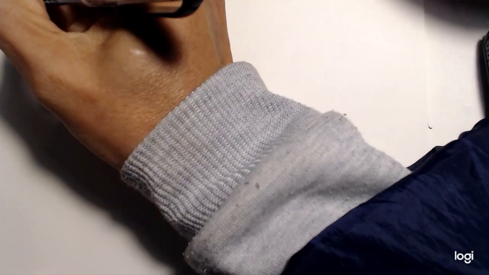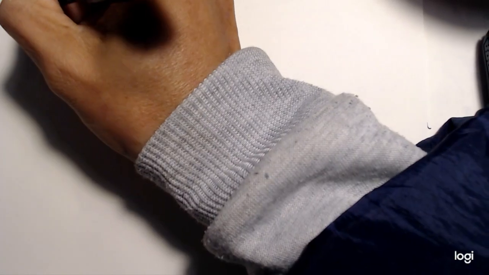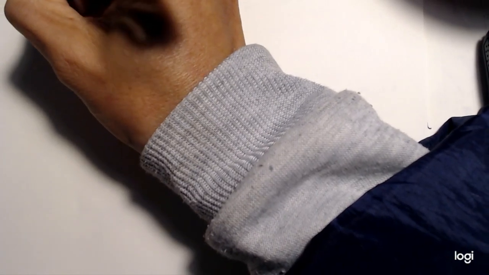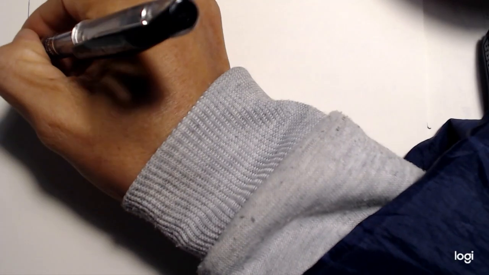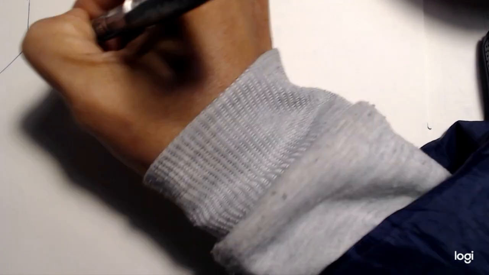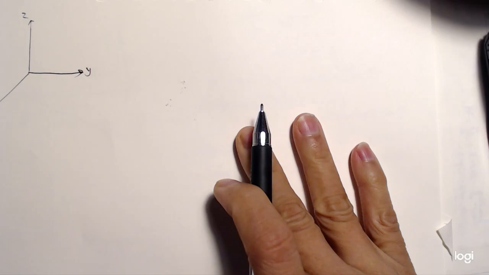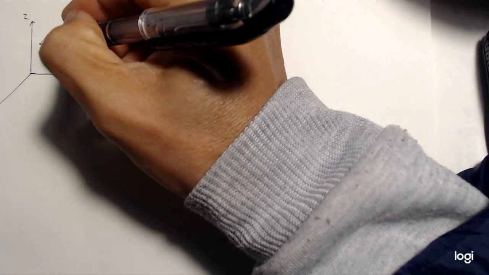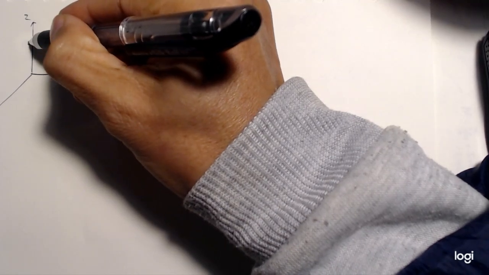To begin with, let me try to understand what the question is. What it says is you have a three-dimensional plane, and the dipole has a current.